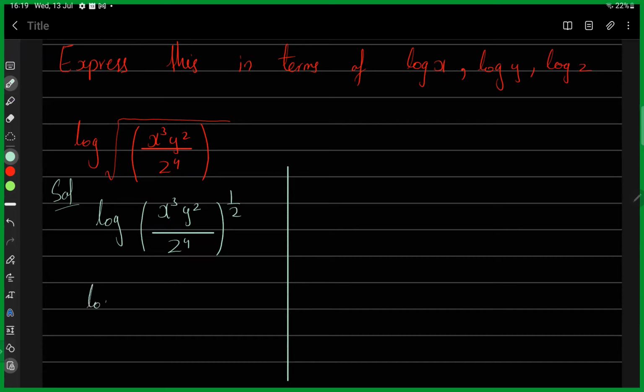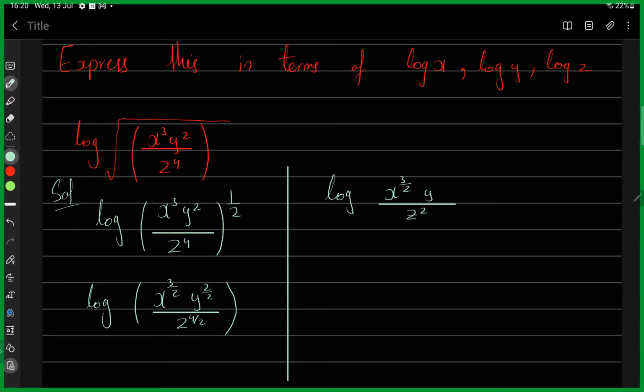So it would give me log of x to the power 3 by 2, y to the power 2 by 2, divided by z to the power 4 by 2. Now I need to simplify this entire thing. So it would give me log of x to the power 3 by 2, y, and z squared.